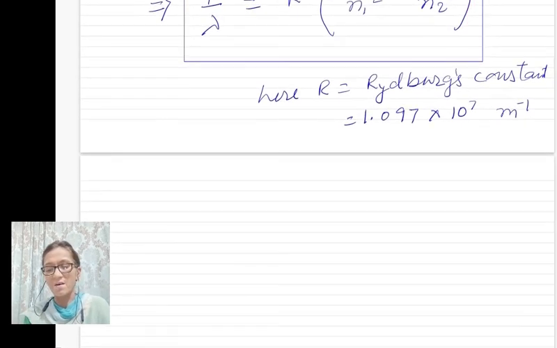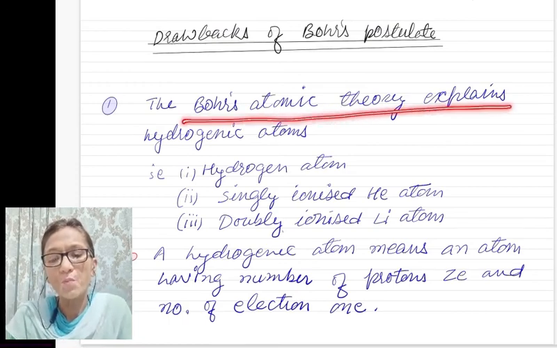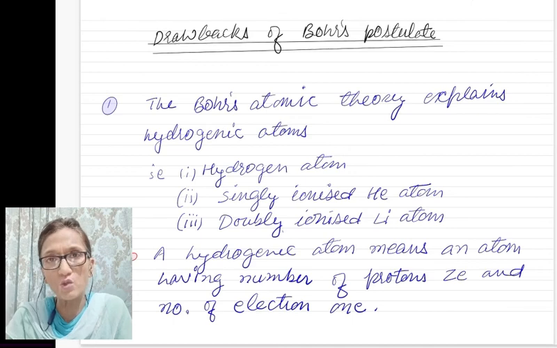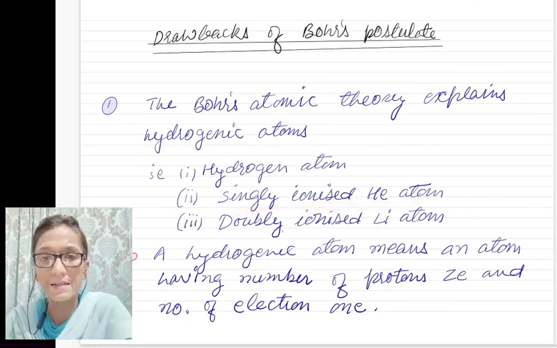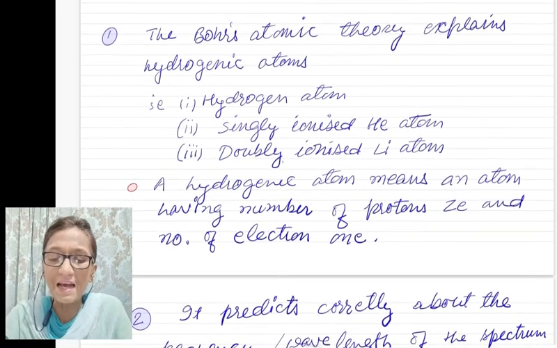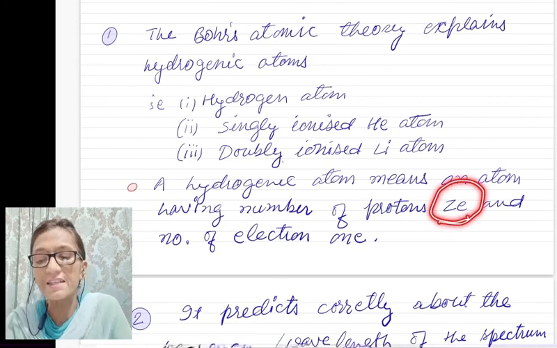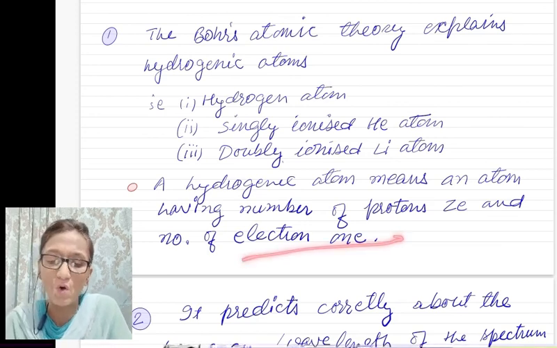This is same as Johann Jakob Balmer equation. Drawbacks of Bohr's postulate. Bohr's atomic theory explains only hydrogenic atoms, means hydrogen atom, singly ionized helium atom, doubly ionized lithium atom. These are hydrogenic atoms. These have all the positive charges in the nucleus equal to Z into e, but it is having only one electron.